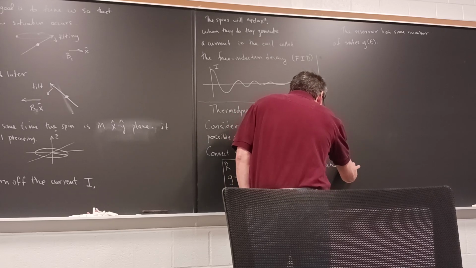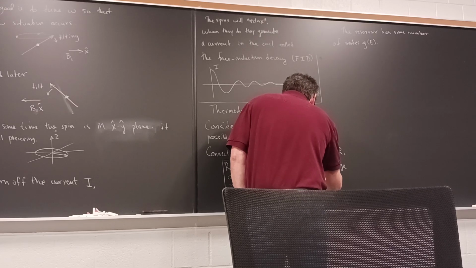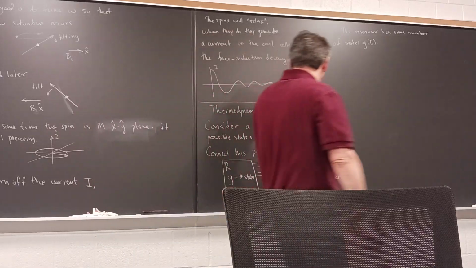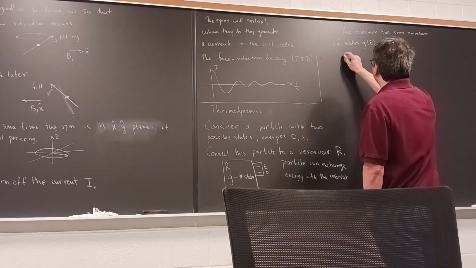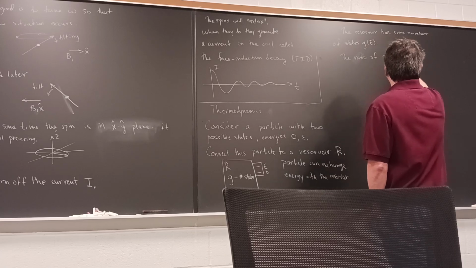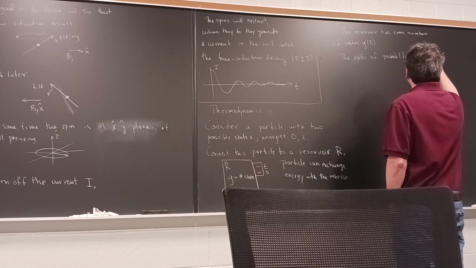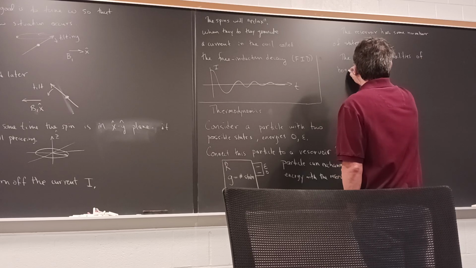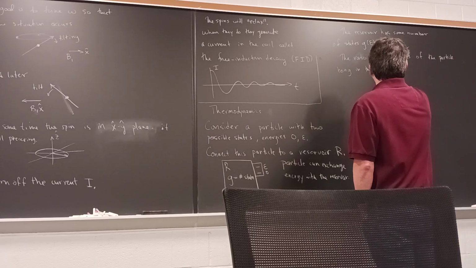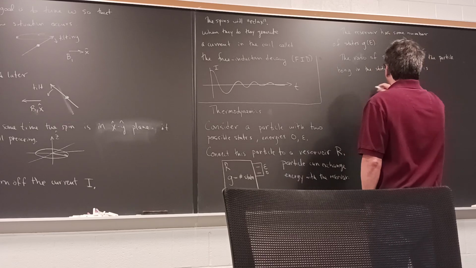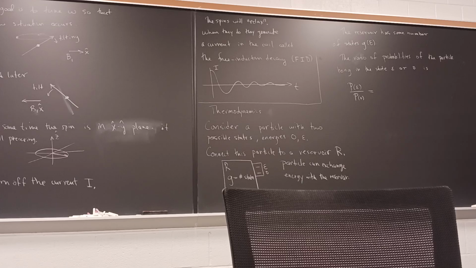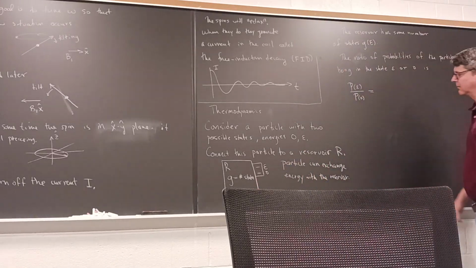Then the ratio of probabilities of the particle being in state epsilon or 0 should be proportional to the number of states that the reservoir has at those two different energies.